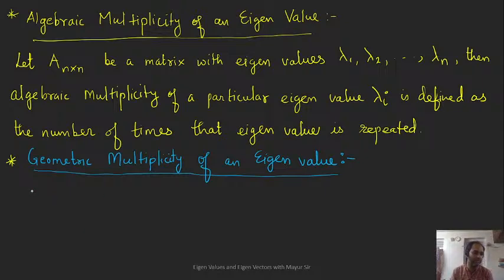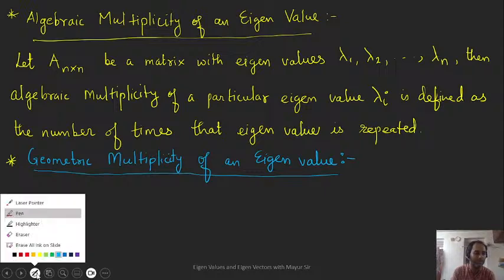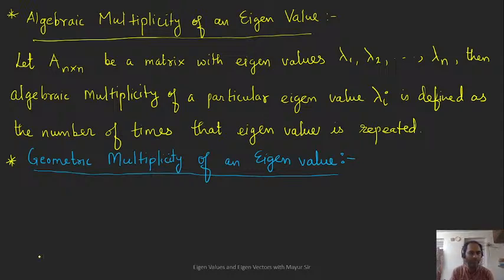When you calculate geometric multiplicity, you have to be a little careful, because it leads you to different conclusions from the calculations, and you come to know what all the differences are from geometric multiplicity also.